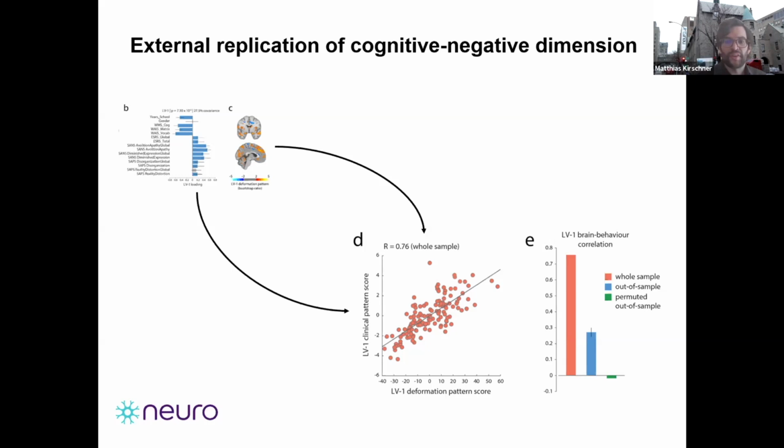In other words, the clinical loadings from our first data set were able to predict almost 30% of brain changes in our independent replication data set.